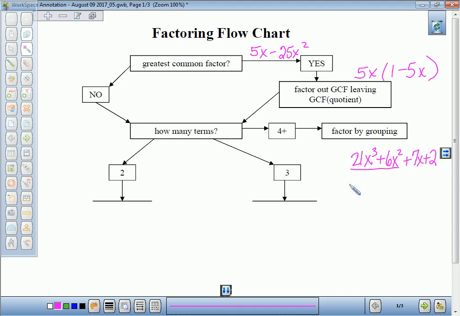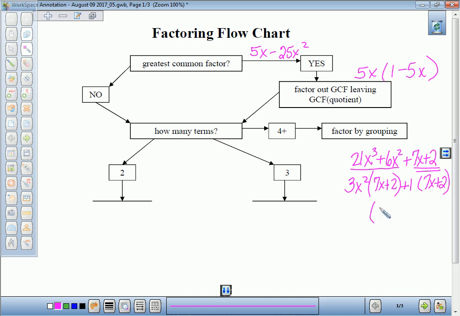We would pair them and see if they had anything in common. And we do see that the first 2 terms here do have a common factor of 3x squared. And when we factor that out, we are left with 7x plus 2. And then we look at our second pair of terms, and we see that if we factored out just a positive 1, we would be left with 7x plus 2.